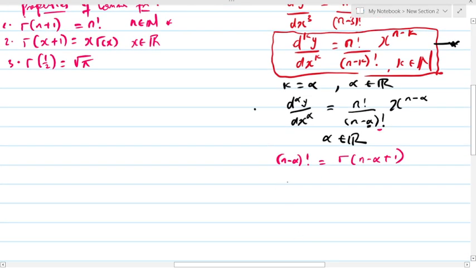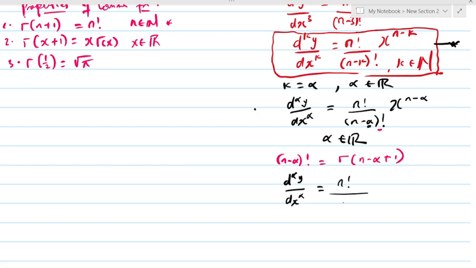So we have d^alpha y over dx^alpha equals n factorial over gamma of n minus alpha plus 1, times x raised to the power n minus alpha. So take note of this formula.